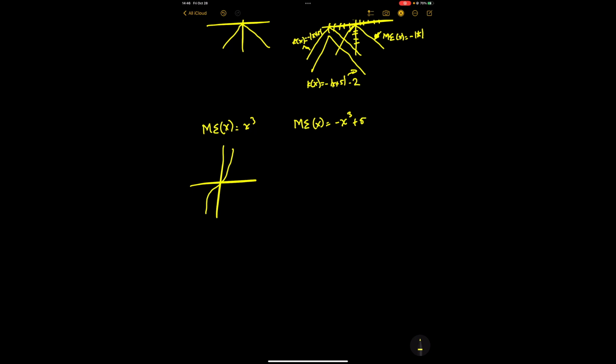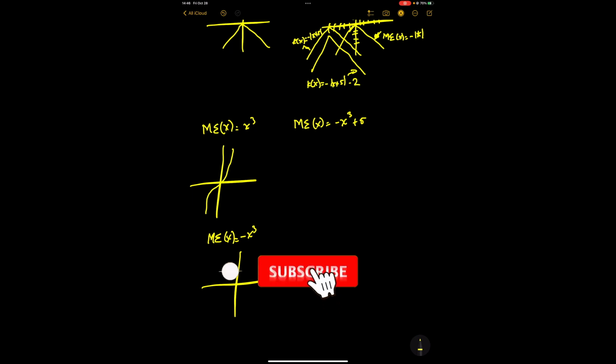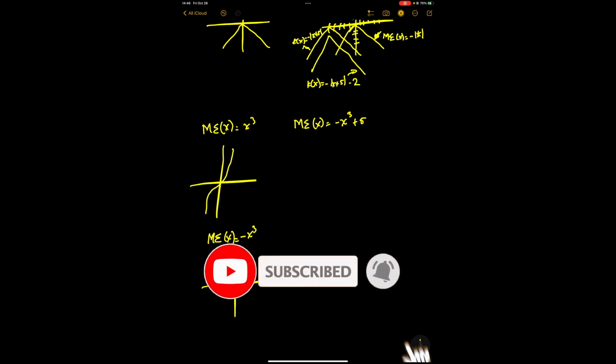What would that be now? Well, first thing first, we need to graph math stats of x equals negative x cubed. So math stats of x equals negative x cubed would look like this.